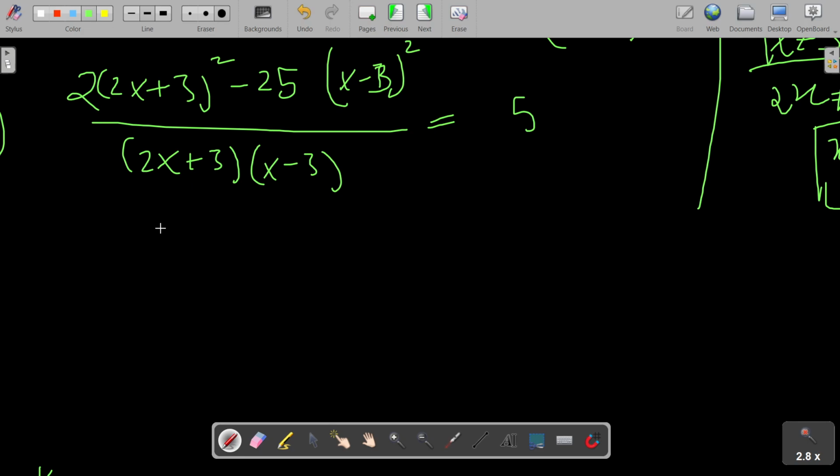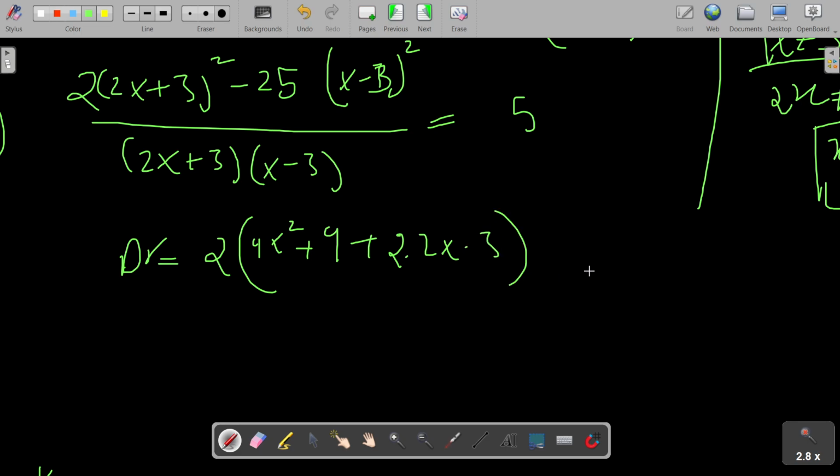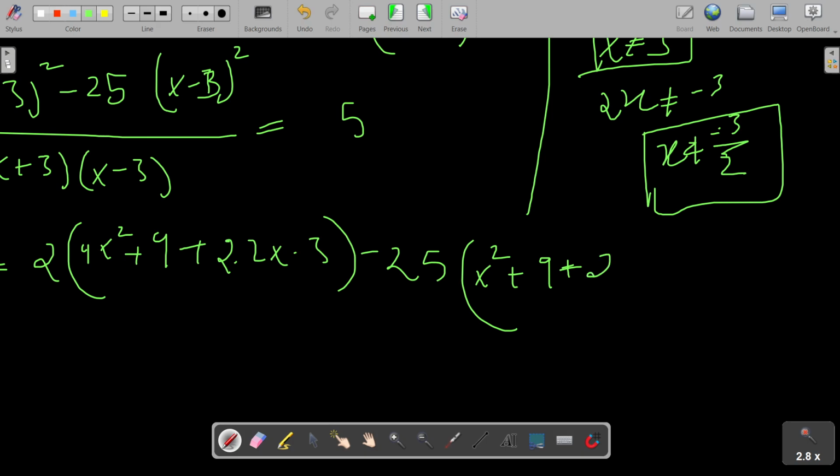Let's solve this denominator expression, writing only the denominator. 2 into a plus b whole square: 4x square plus b square, which is 3 square, 9, plus 2 into 2x into 3, minus 25 into x square plus 9, this being a minus b whole square, a square plus b square plus 2 into a, which is x, and b, which is minus 3.